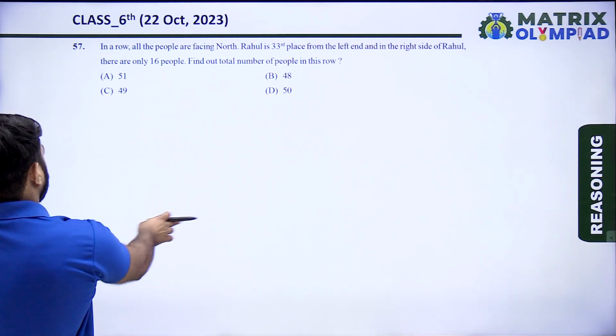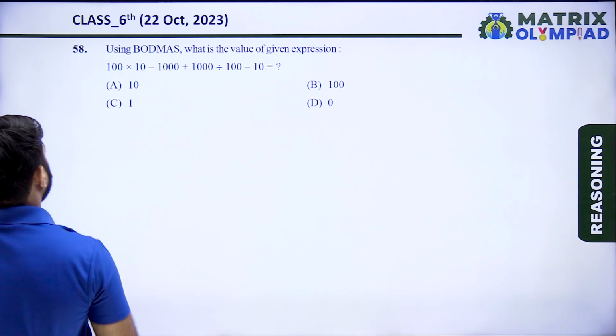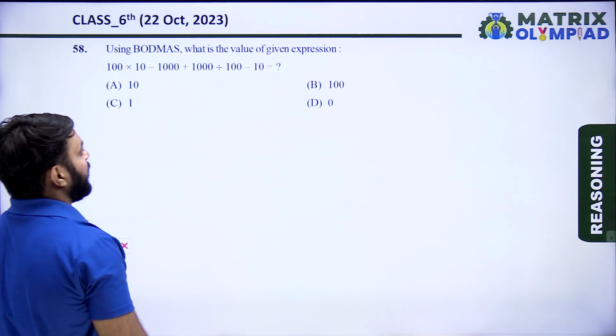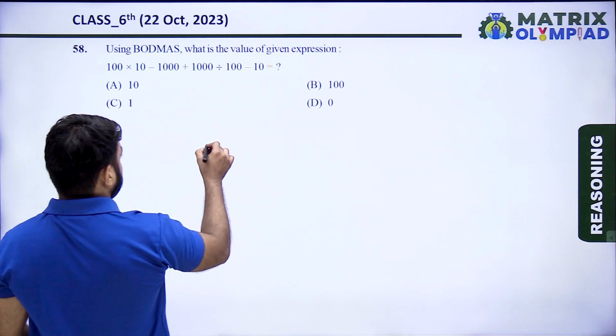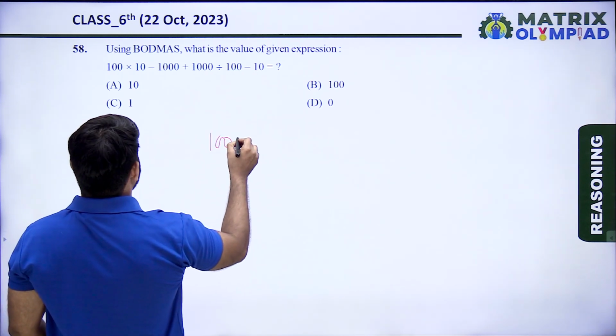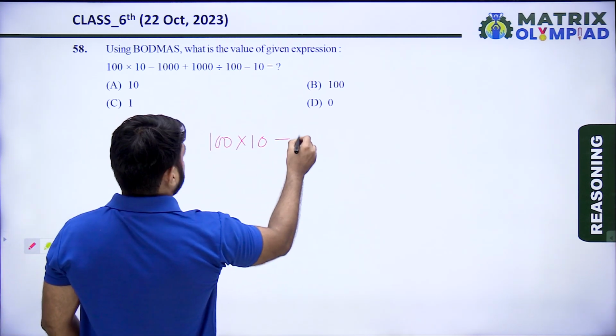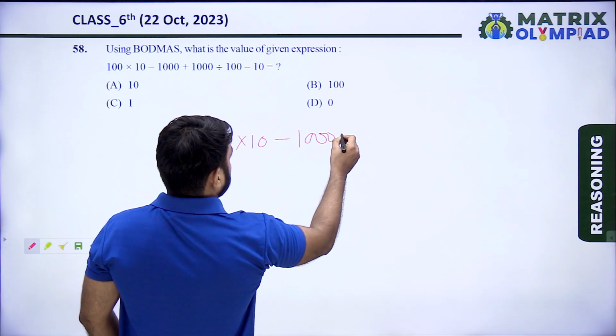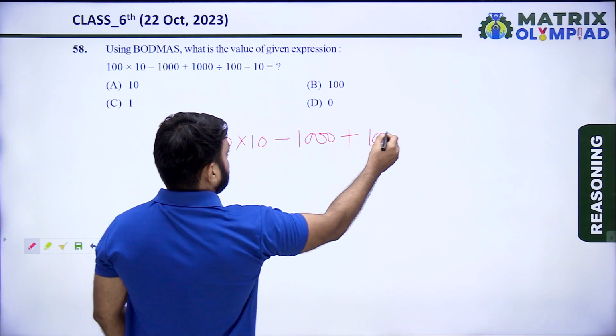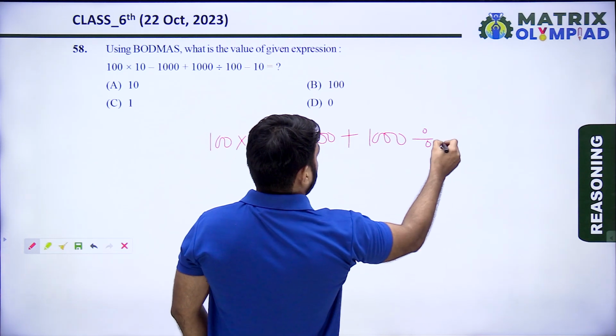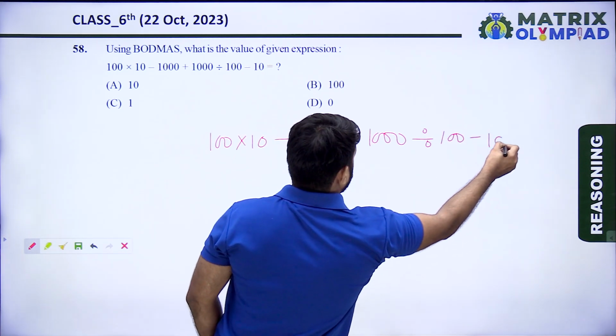So, next question is question number 58. Using BODMAS, what is the value of given expression? So, expression is 100 multiplied by 10 minus 1000 plus 1000 divided by 100 minus 10.